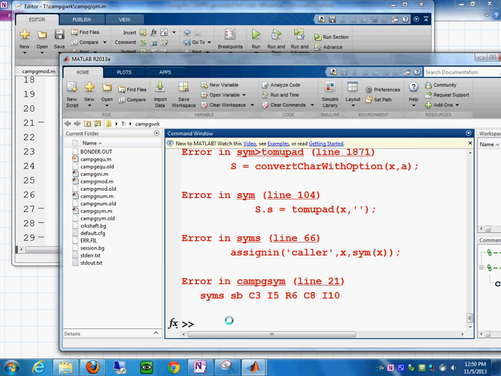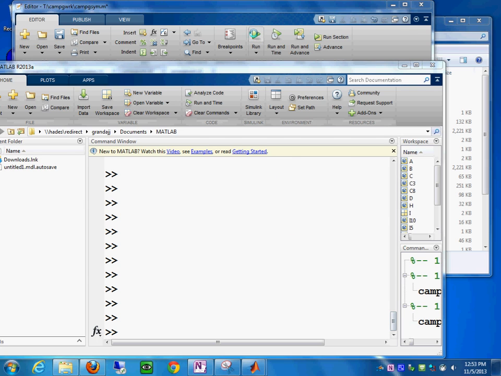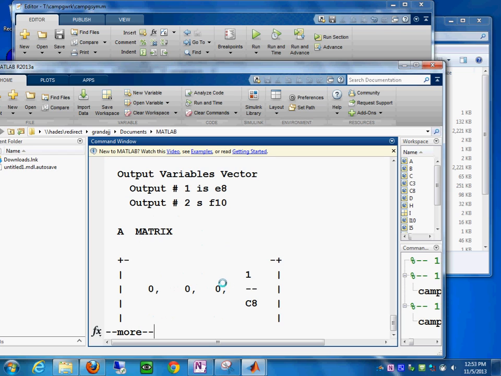I think what we need to do is, hold on for a second here. Okay, so now if we run it, look what the computer does now. It says we have two inputs, and it has the state variables in here, but also it's telling me that we have two outputs, E8 and F10.